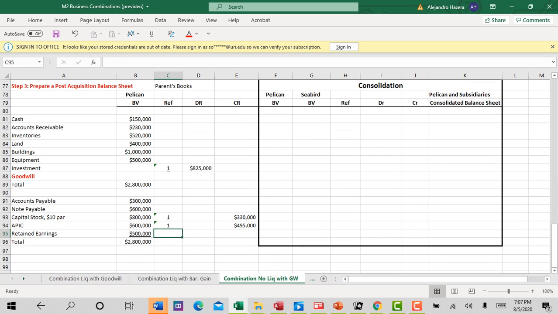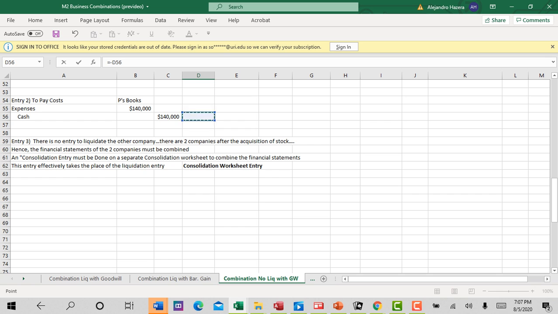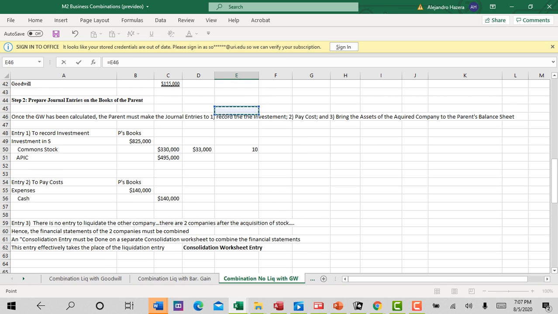Then I'll call it entry 2, and we'll put cash up here. That's entry 2, not 1. In entry 2, we're just going to close the expenses to retained earnings, because all expenses and revenues are closed to retained earnings. So we're going to debit expenses for 140, and credit cash for 140.